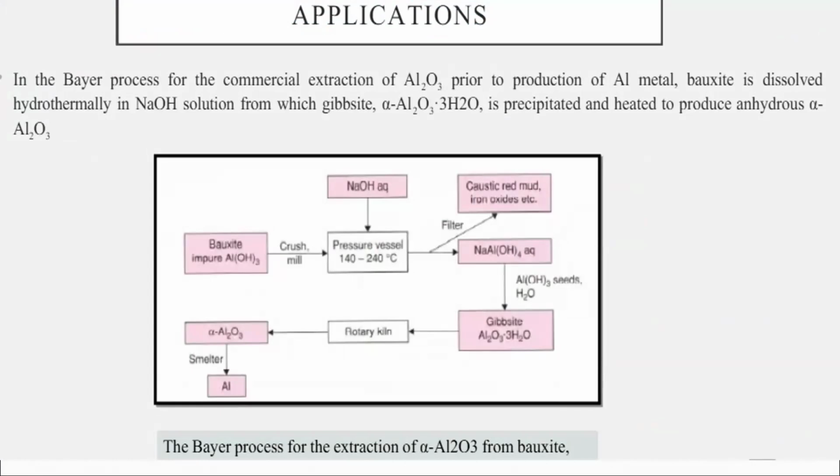Bauxite is dissolved hydrothermally in sodium hydroxide solution, from which gibbsite, Al2O3·3H2O, is precipitated and heated to produce anhydrous alpha Al2O3. So some level of chemical reaction happens here. Bauxite will be converted into aluminum oxide.